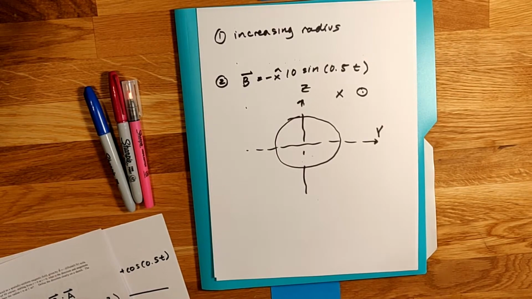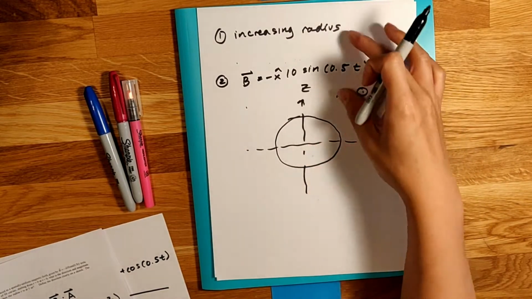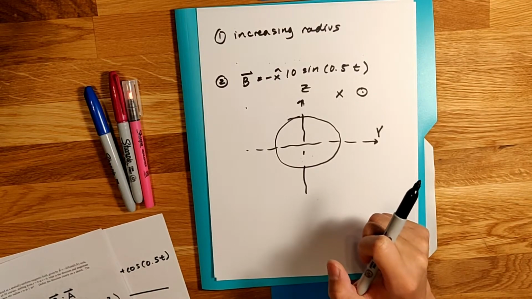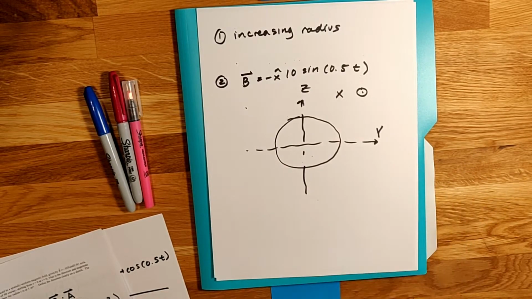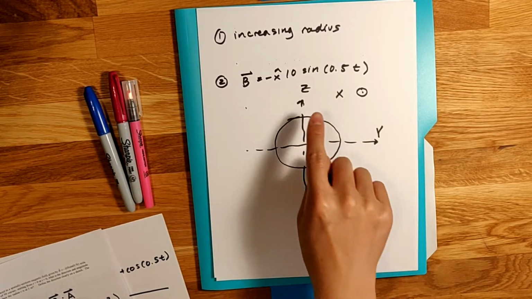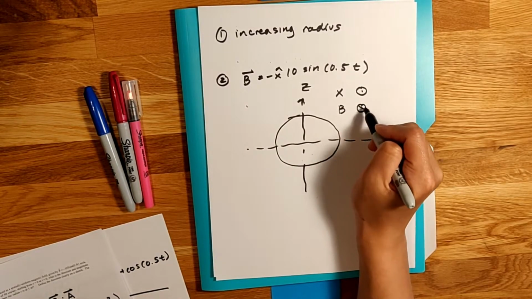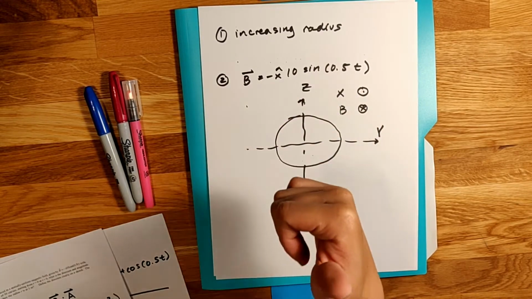So, just by inspection, increasing radius will mean that more flux will be introduced. That means that, according to Lenz's law, our induced current will go the opposite direction of the B field, and we know that the B field is going into the paper. So increasing radius will result in an induced current that's going counterclockwise.